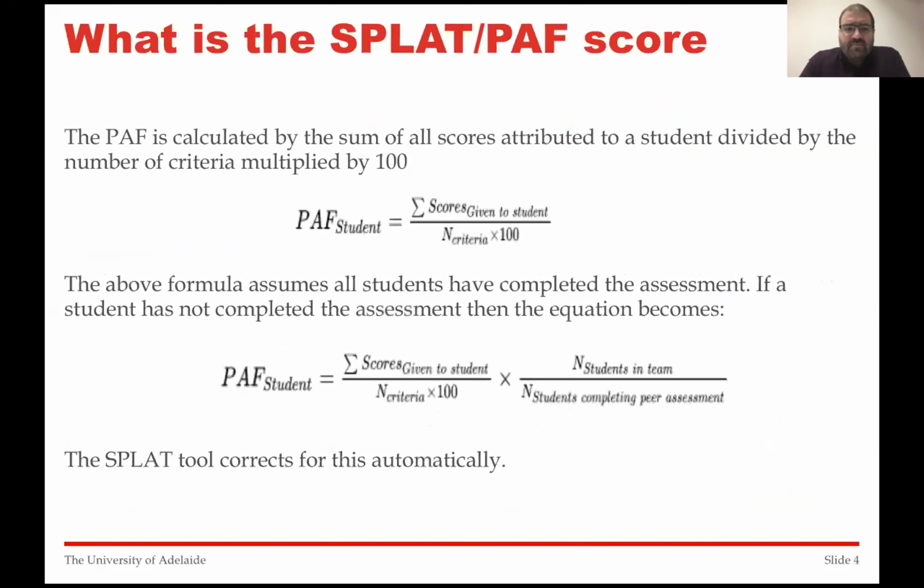So a little bit about what we're talking about. This SPLAT or PAF score is effectively a score given to a student based on their peers' assessment of their work within the group, and the score is basically a number worked out over the number of people in the group, and then times by 100.